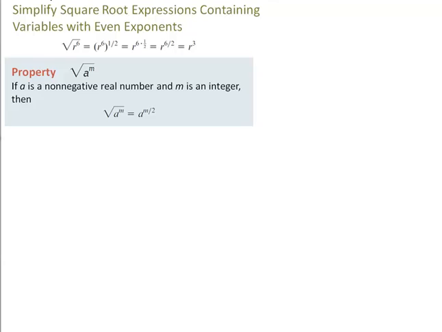If we're looking at a square root expression, and you have the square root of an even exponent, let's say I have x to the fourth, we're looking at finding the square root of that. And you could probably try to hack that out on your own.